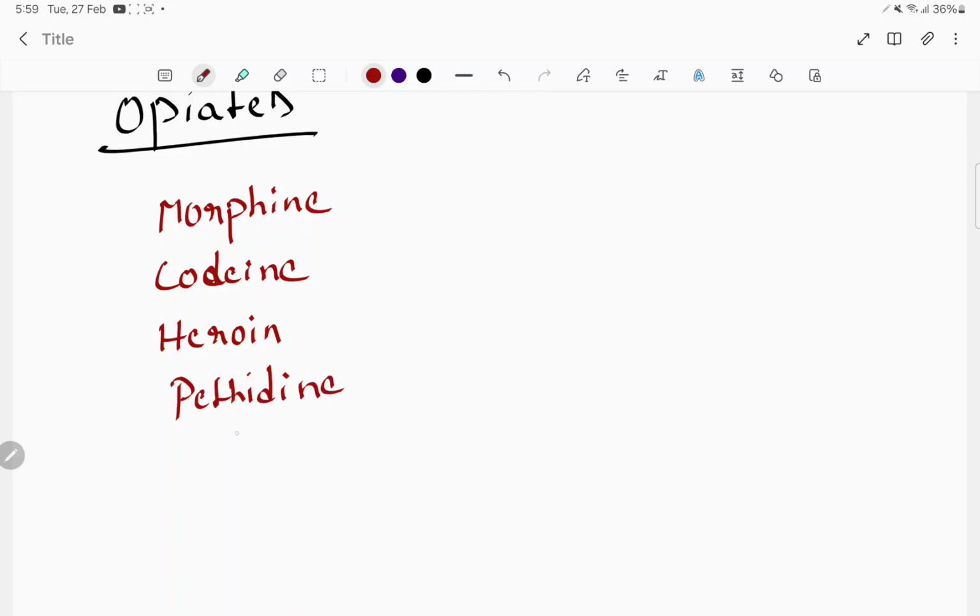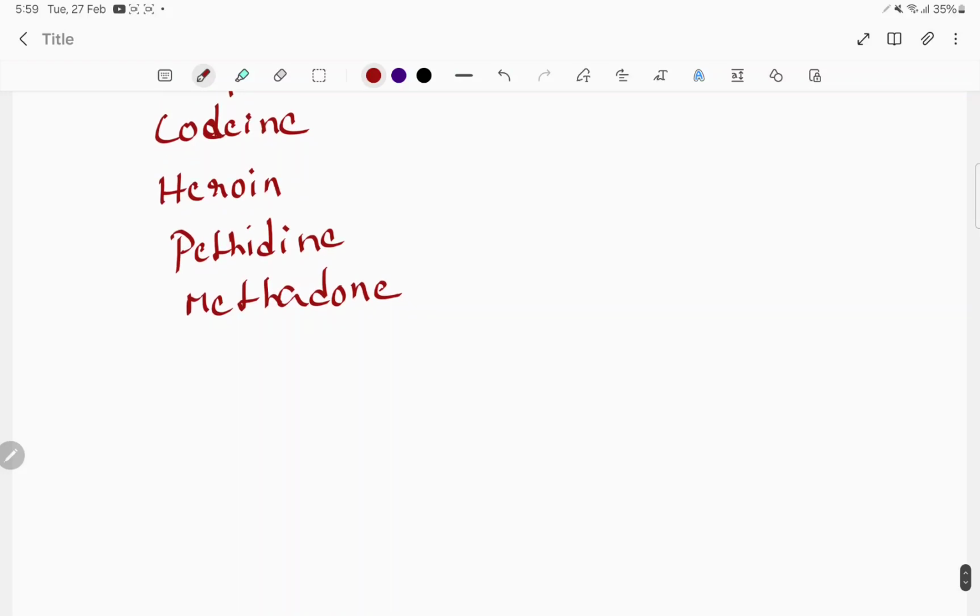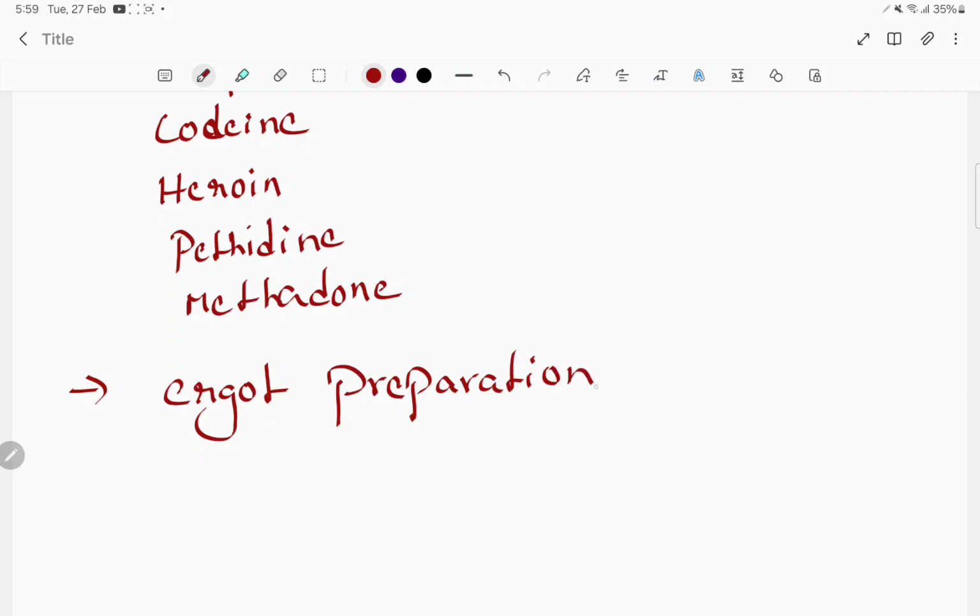Pethidine, methadone. So ergot preparation. Ergot is a fungus. So nothing but LSD.